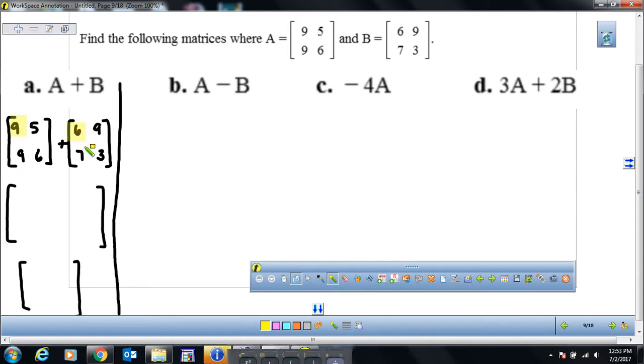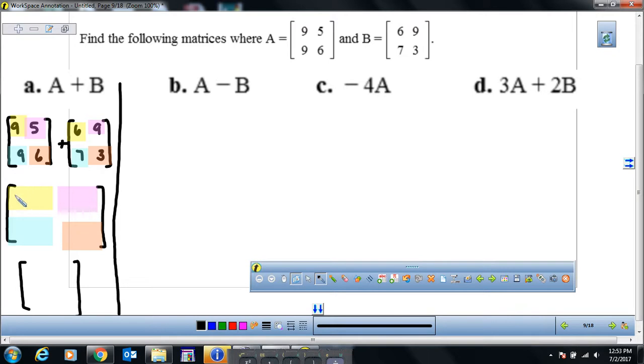So the first row, first column with the first row, first column. Then we're going to add the number in the first row, second column with the number in the first row, second column. Then we're going to add the number in the second row, first column with the number in the second row, first column. And finally, the number in the second row, second column, we add it to the number in the second row, second column.